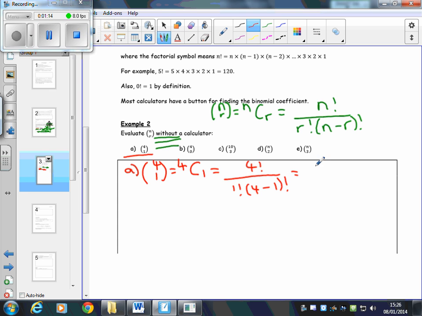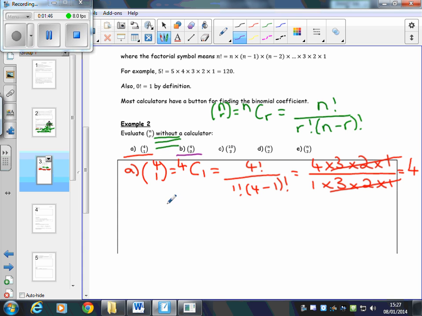So this 4 factorial on the top means 4 times 3 times 2 times 1 divided by 1. 4 minus 1 gives us 3, so that'll be times 3 times 2 times 1. And as we can see, this 3, 2, 1 here cancels out with this 3, 2, 1 here. So we're just left with 4 divided by 1. So our answer for part A is 4.